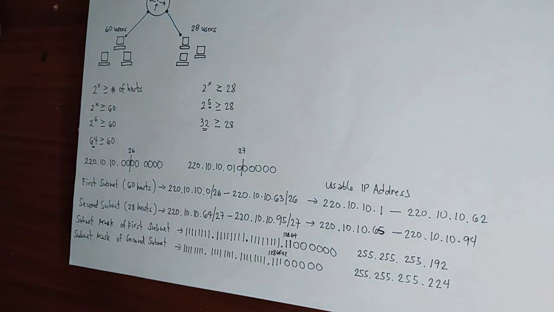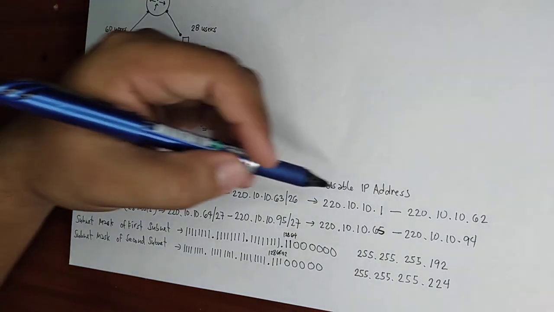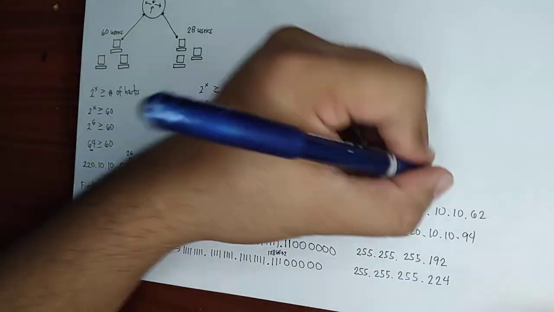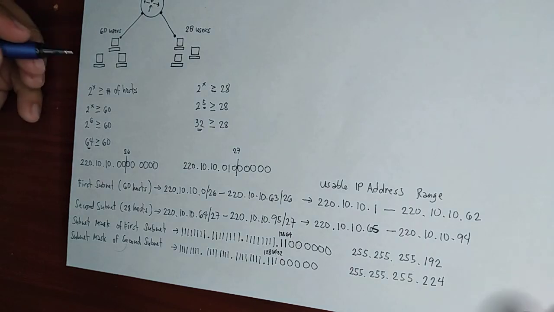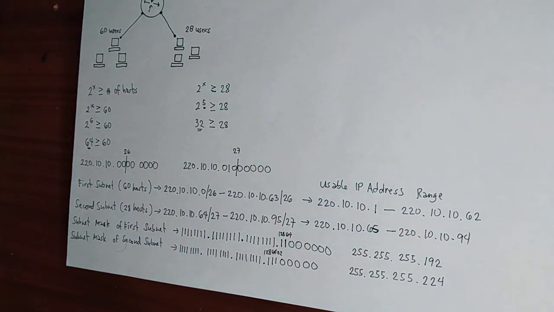That would be the range of usable IP addresses for our subnet 1 for 60 users and subnet 2 for our 28 users.